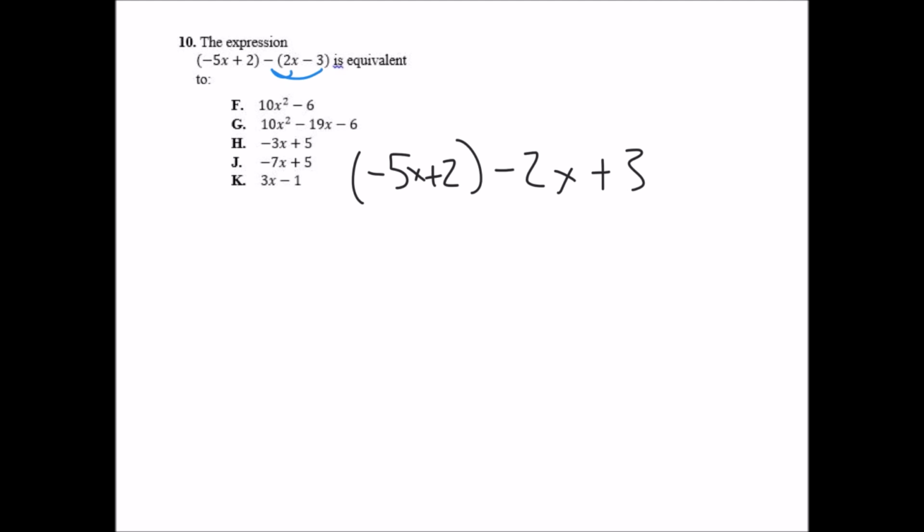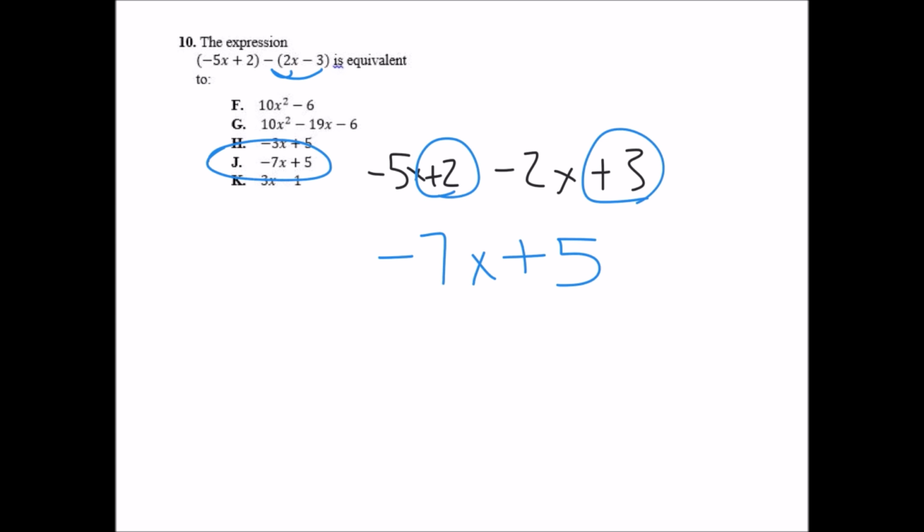Now combining the like terms, you really don't need these parentheses now. Negative 5x and negative 2x is negative 7x, and positive 2 and positive 3 is positive 5, negative 7x plus 5. The correct answer is J.